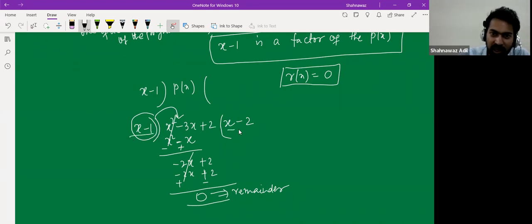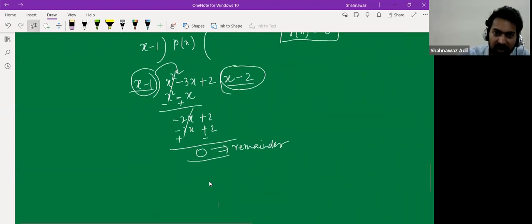So you get x minus 2. When you divide by x minus 1, you get another factor, which is x minus 2. And when your remainder is 0, that means it is a factor.